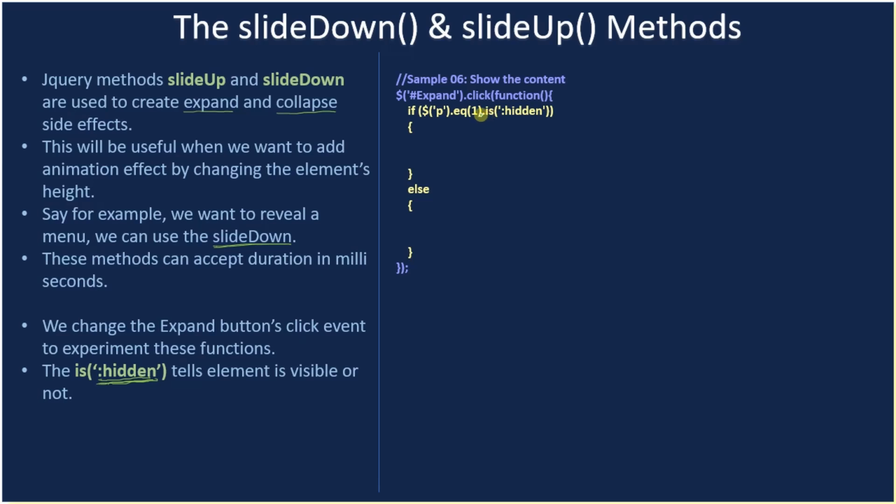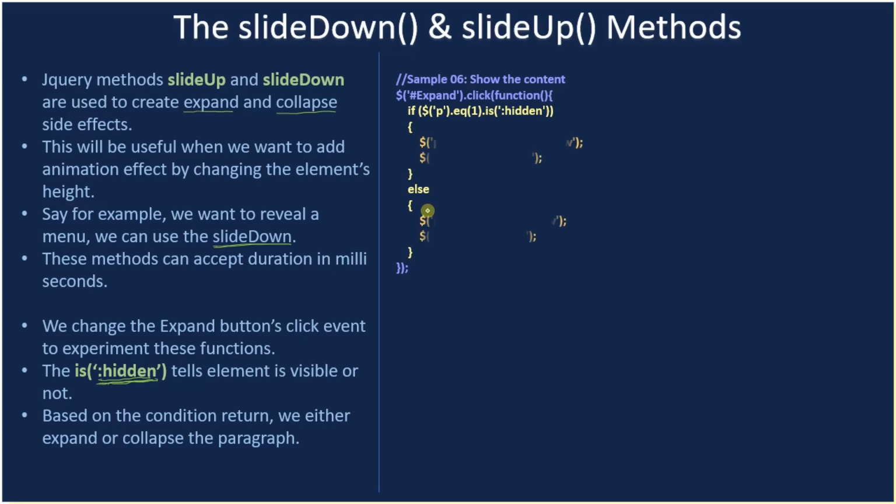Then from the picked single second paragraph, we make a call to the is method, and we pass colon hidden. So this tells whether the element is hidden or not. If it is hidden, we will enter into the true portion. If it is not hidden, then we will come to the else part. Based on the condition returned, we either expand or collapse the paragraph.